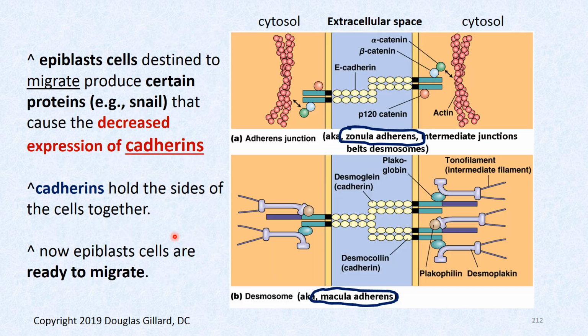Let's look and see. Here's a little model. So here's a cell over here. This is the cytoplasm or cytosol of one cell, and the cytosol of cell number 2. These are the lateral walls here, and they're held together by these things.